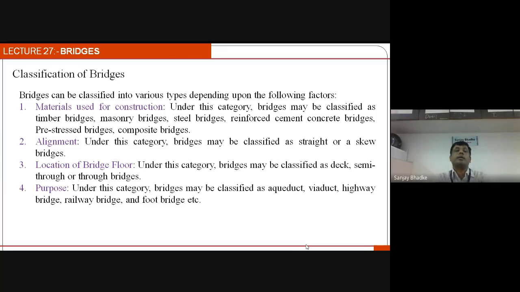Alignment: straight or skew bridges. Location of the bridge floor: deck bridge, semi-through or through bridges. Purpose: aqueduct, viaduct, highway bridge, railway bridge, and foot bridge. So if you want to classify a bridge, you should consider all these points: material used for construction, alignment, location of bridge floor, and purpose.